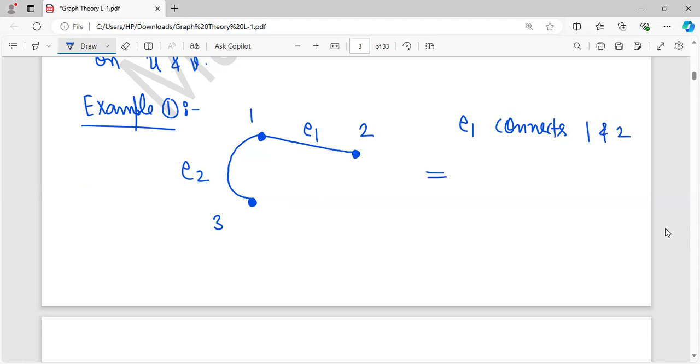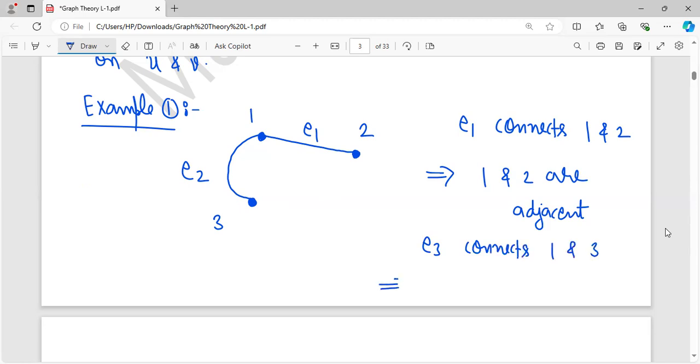So this implies 1 and 2 are adjacent. E2 connects 1 and 3. So this implies 1 and 3 are adjacent.